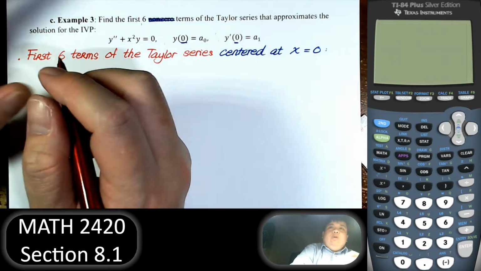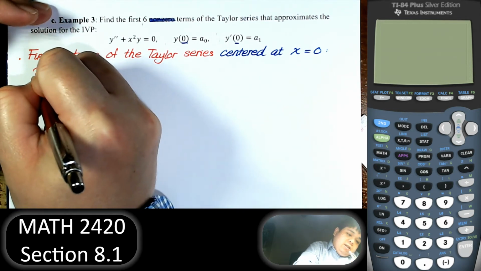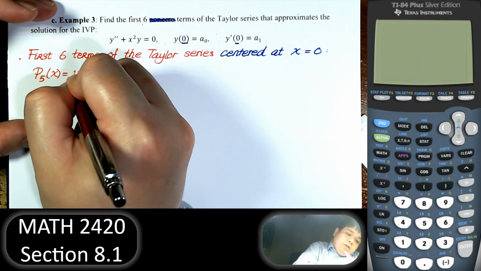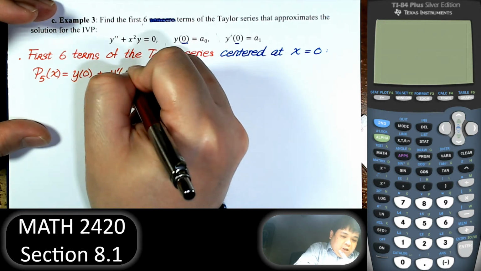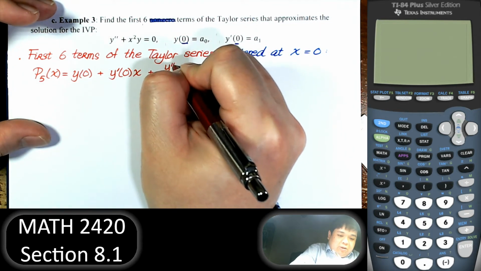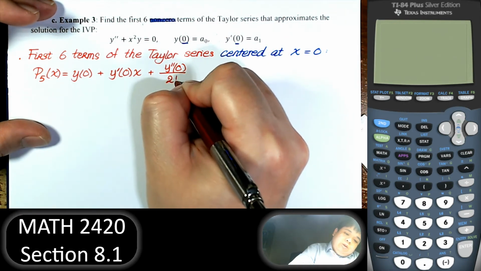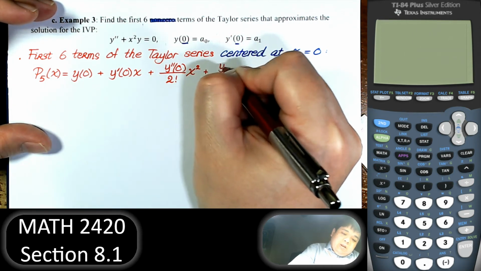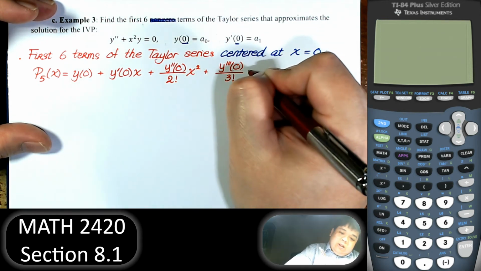Right, 6 terms, so we go from 0 degree, and we will stop at the 5th degree of x. The function has no power. First derivative, first power of x. Second derivative at 0, we have to divide by 2 factorial, x squared. Third derivative, 3 factorial, x cubed.